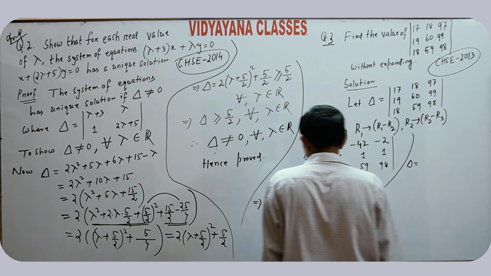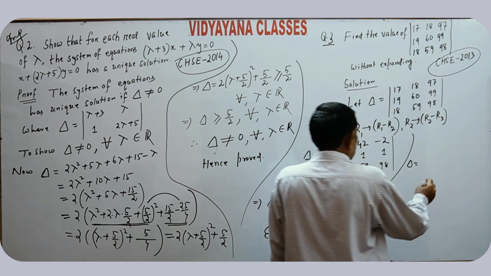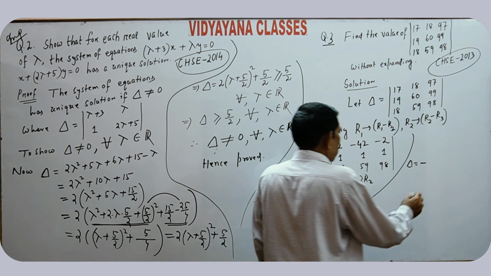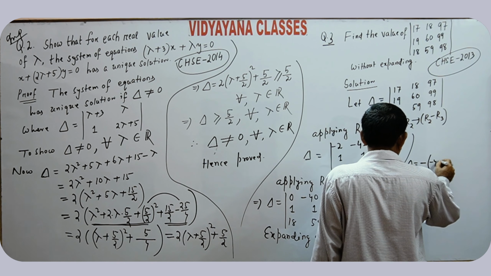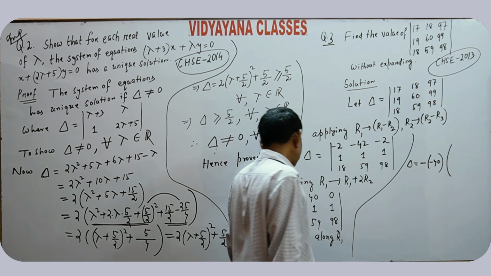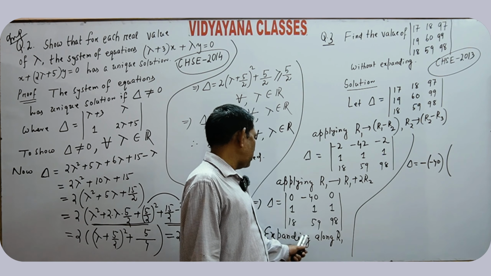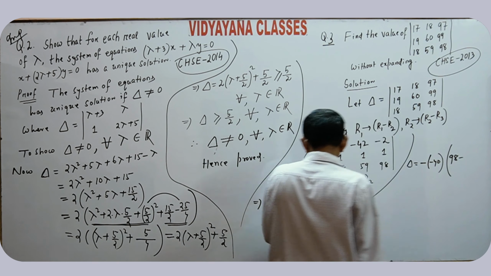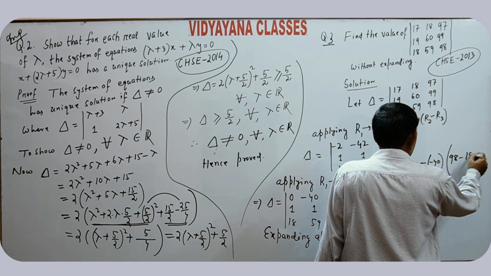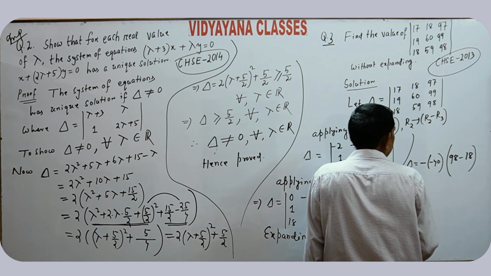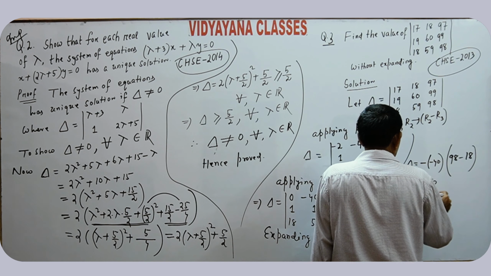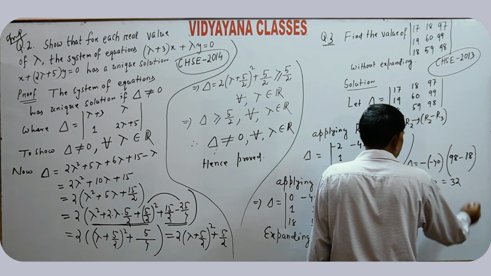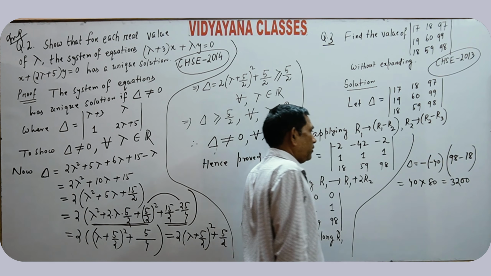Del is equal to minus of the sign of minus 40 is negative, minus 40 into deleting this row and this column 1 into 98 minus 1 into 18, which is equal to 40 into 80 which is equal to 3200.